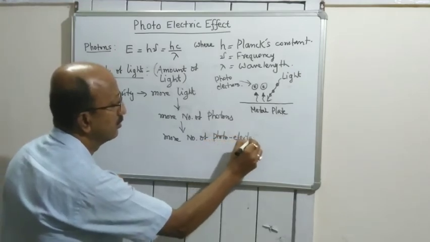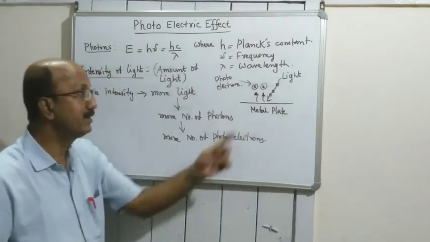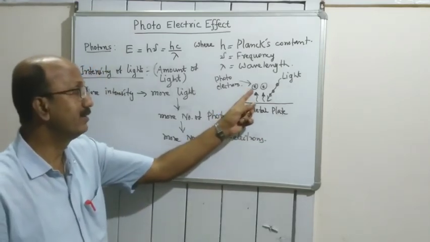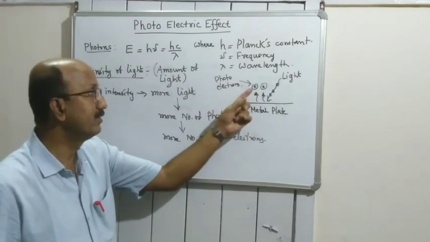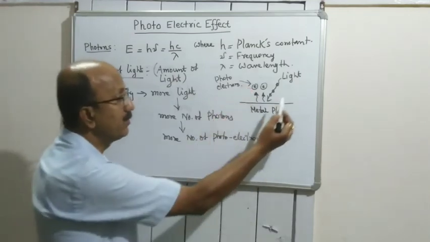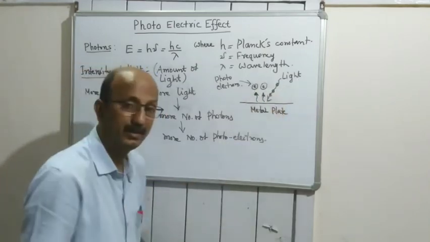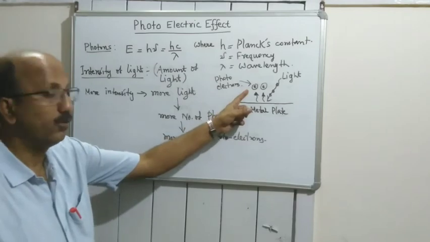So that is one way to increase the photoelectrons. That is, if you increase the brightness of the light which is falling on the metal surface, then you can increase the quantity of photoelectrons.